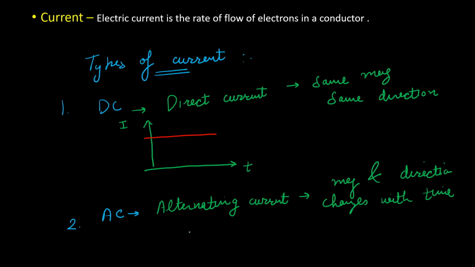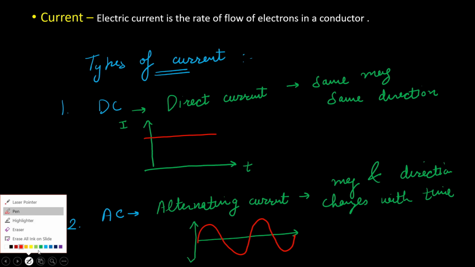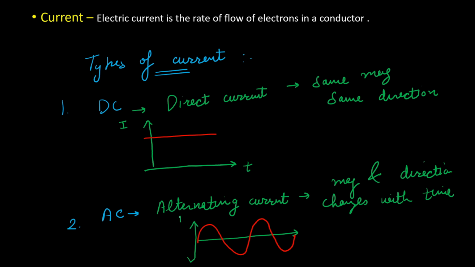If we want to draw its waveform, it will be drawn like this. On the y-axis we have current and on the x-axis we have time. As you can see, the current is constantly changing its direction.